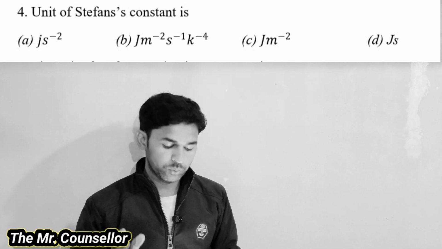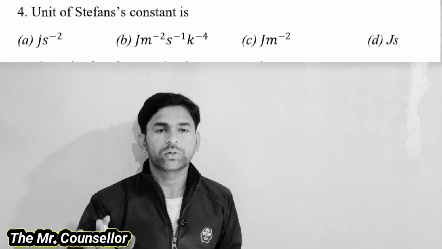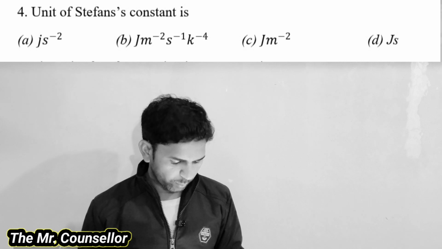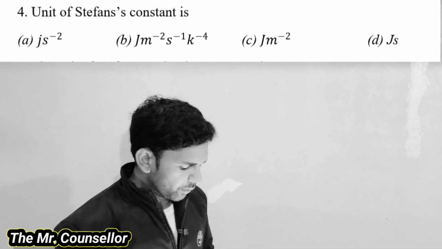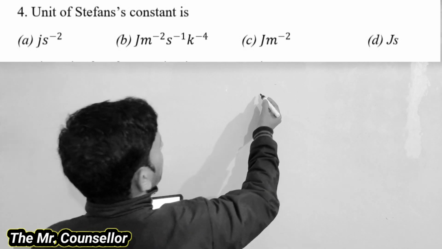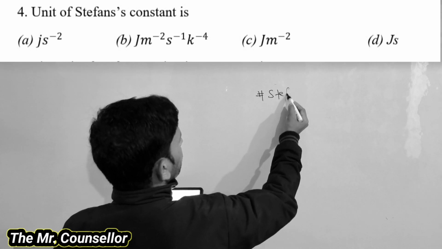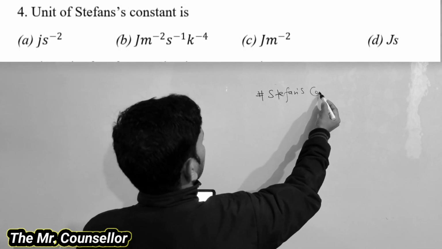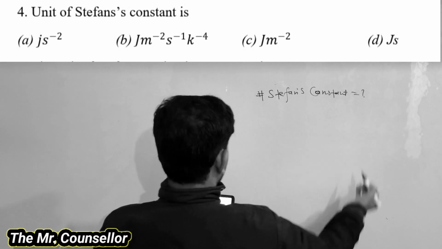Option C is given joule meter minus 2. Option D is given joule into second, J into S, no problem.